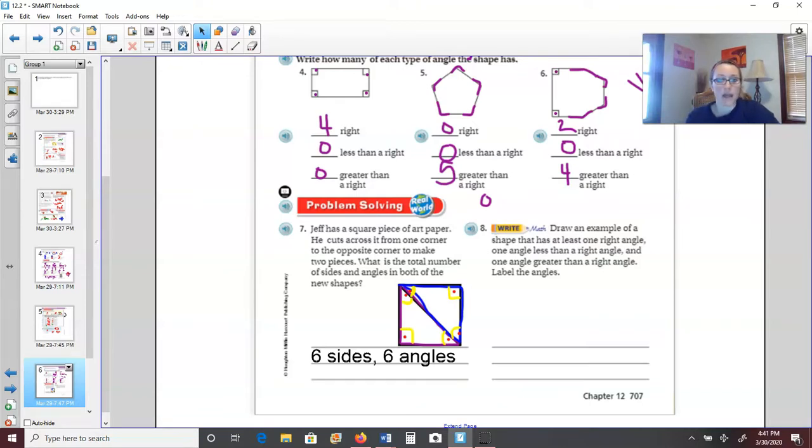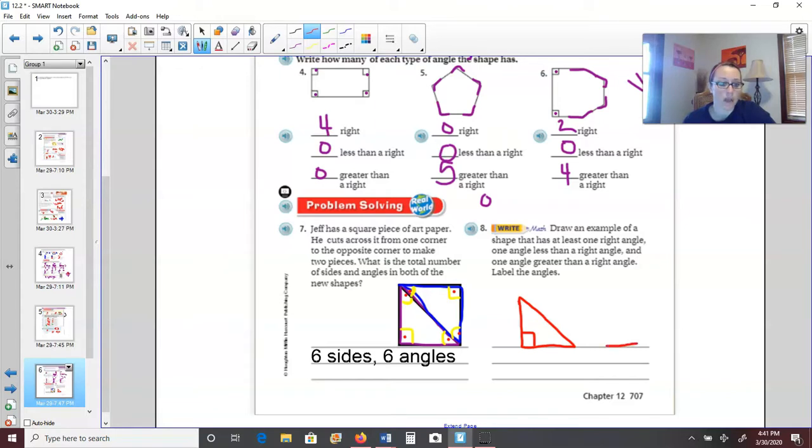Let's go ahead and practice on number 8. It just wants us to draw an example of a shape that has 1 right angle. So make a perfect L. And then you can close it up. This shape has a right angle, has 1 perfect corner. Then we need a shape that has at least 1 angle that is less than a right angle.